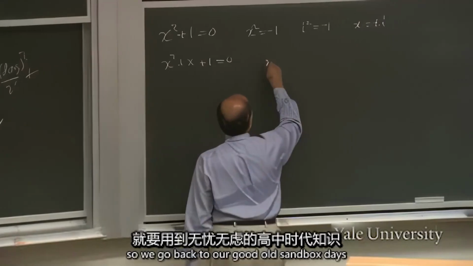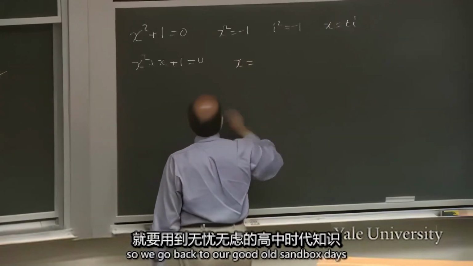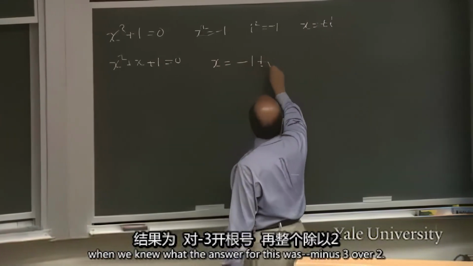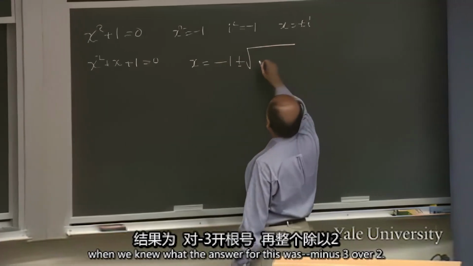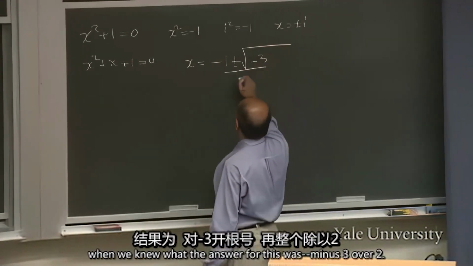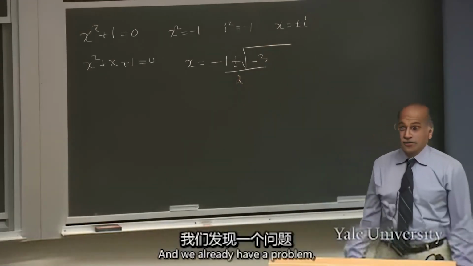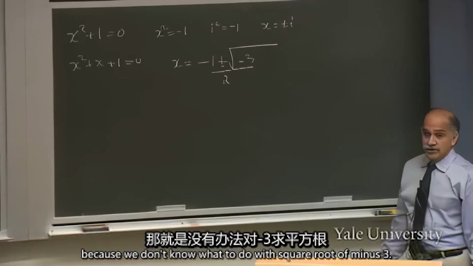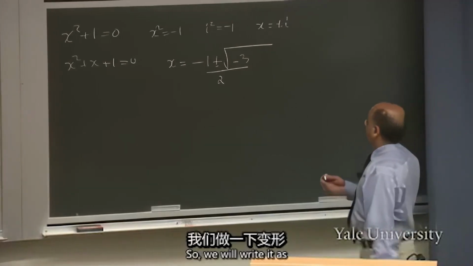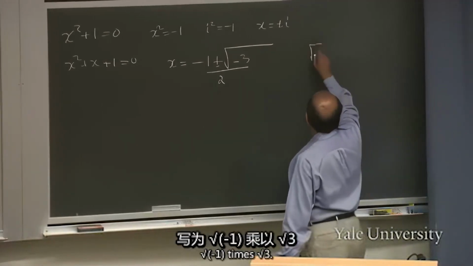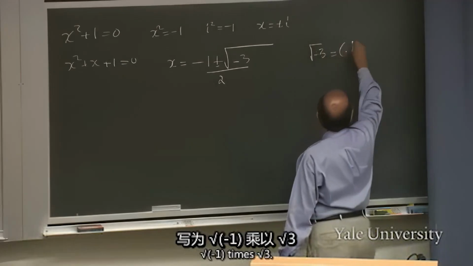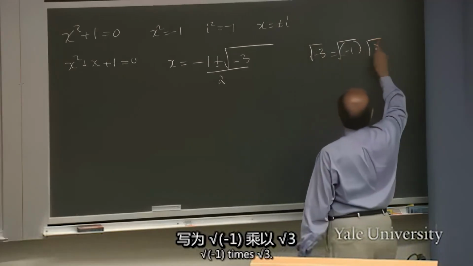So we go back to our good old sandbox days when we knew what the answer for this was. Minus 1 plus or minus square root of minus 3, over 2. And we already have a problem because we don't know what to do with the square root of minus 3. So we will write it as square root of minus 1 times square root of 3.